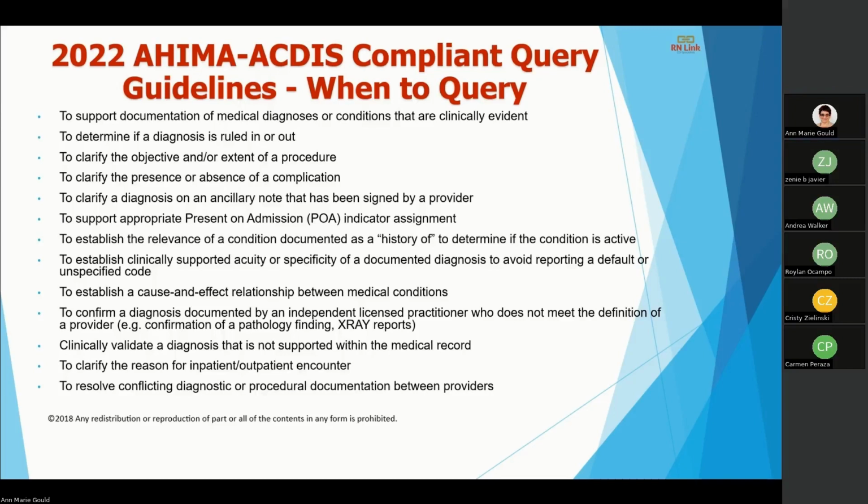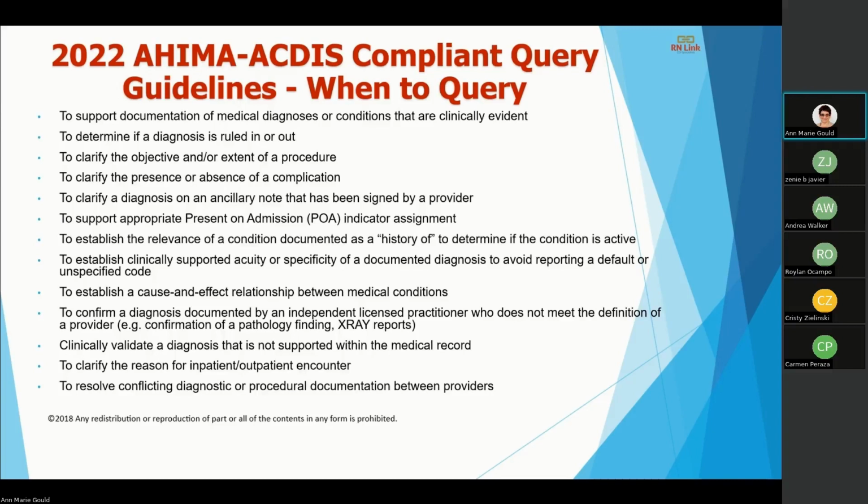You also want to establish clinically supported acuity or specificity of a documented diagnosis to avoid reporting a default unspecified code. And that's like heart failure. You need the type and the acuity of the heart failure, because if you only have the type but not the acuity, it'll go to a CC, but it's an unspecified CC code.